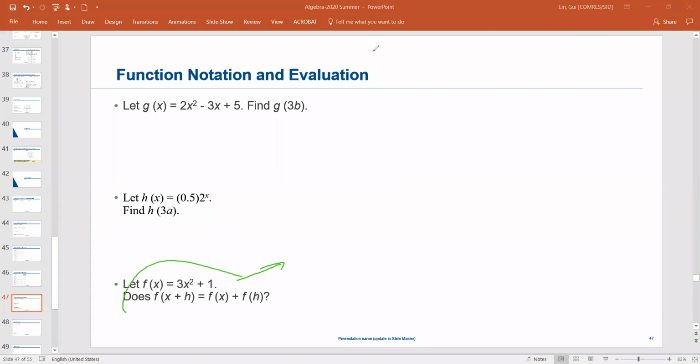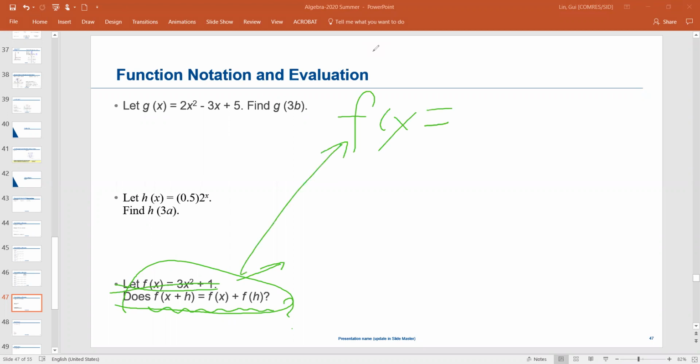All right. The question here is, since f(x) equals 3x squared plus 1, did this part make sense? So f(x) equals 3x squared plus 1. We want to find f(x plus h). So it means the x part is replaced with 3(x plus h), right?